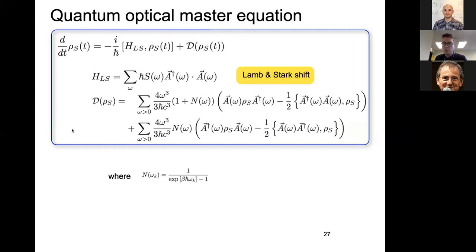We can consider a more specific application of the quantum optical master equation to a case where our open quantum system is essentially a two-level atom. This is quite a commonly encountered application in quantum optics.